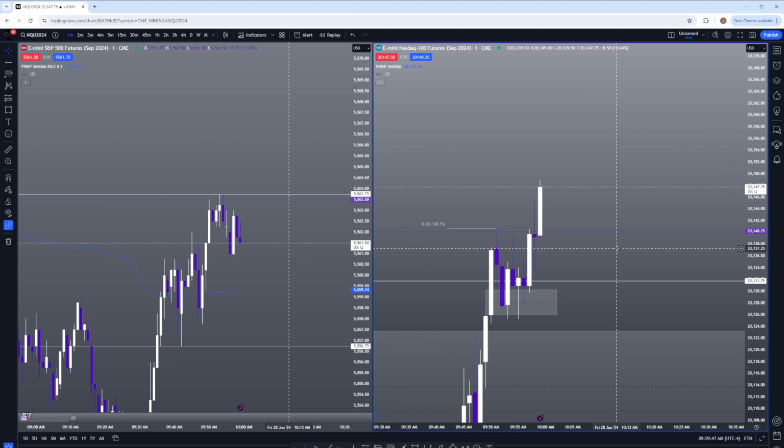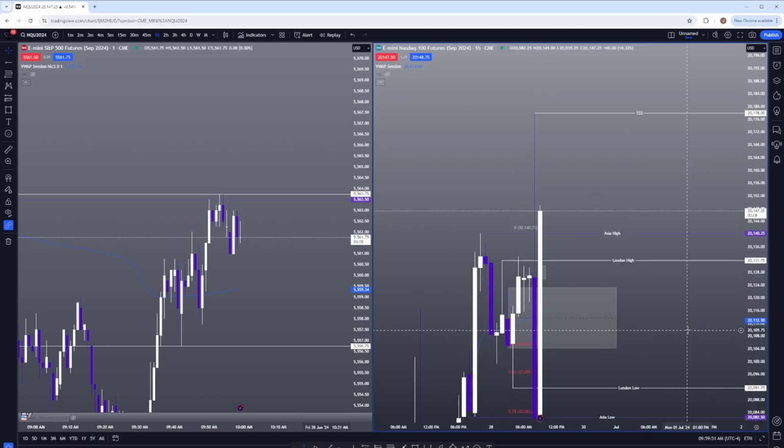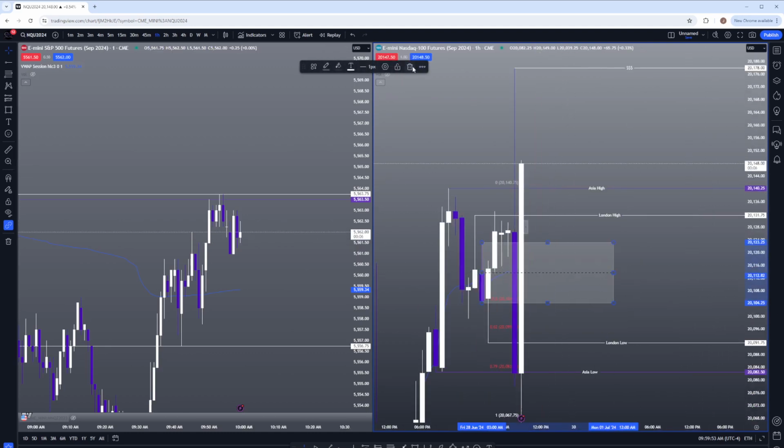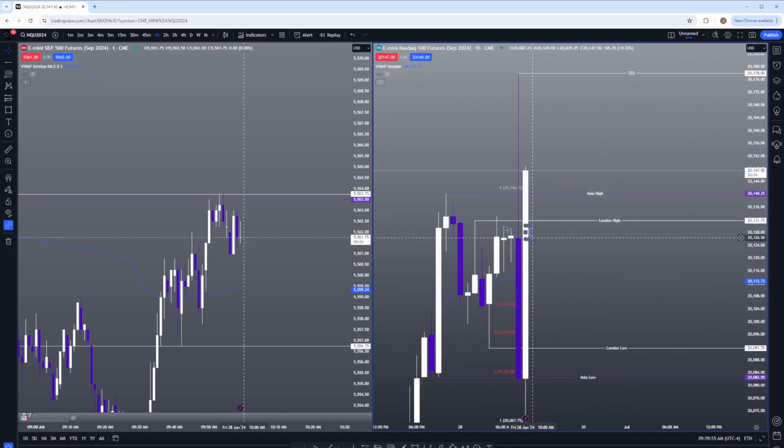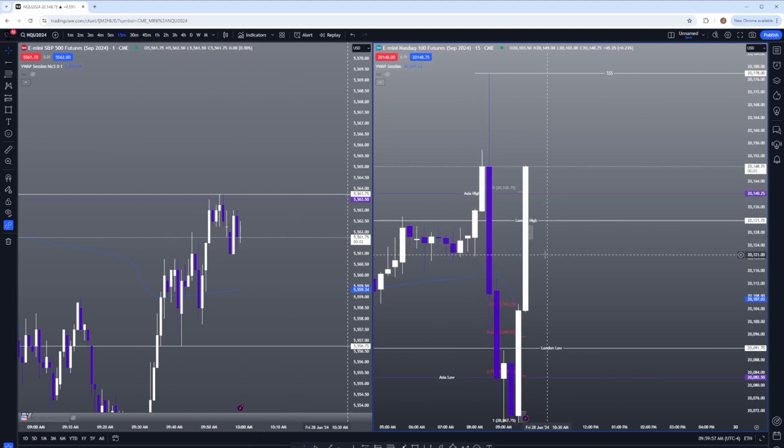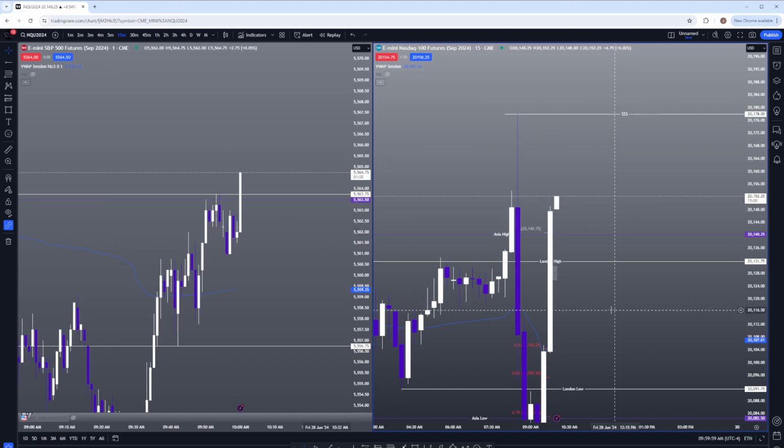So we're about to close on this hourly. We're about to displace this hourly bearish breaker. So no longer valid there. 15-minute, no longer valid.